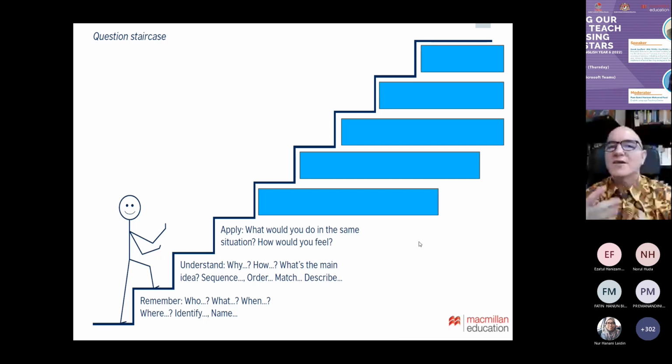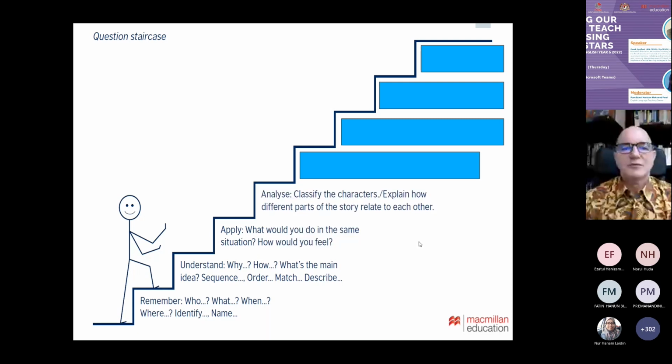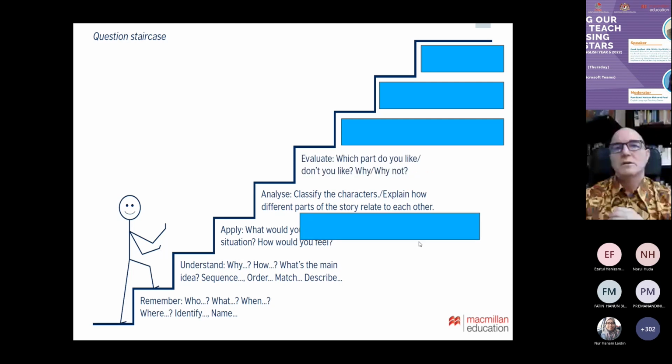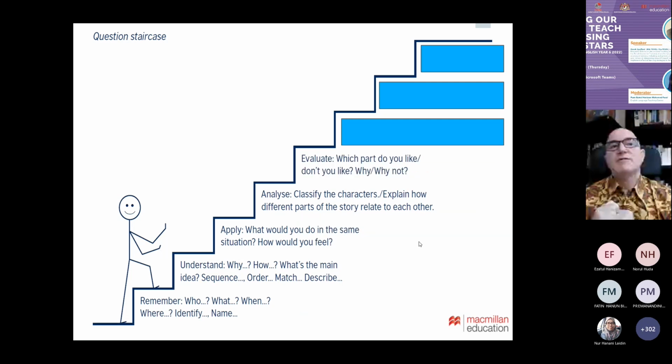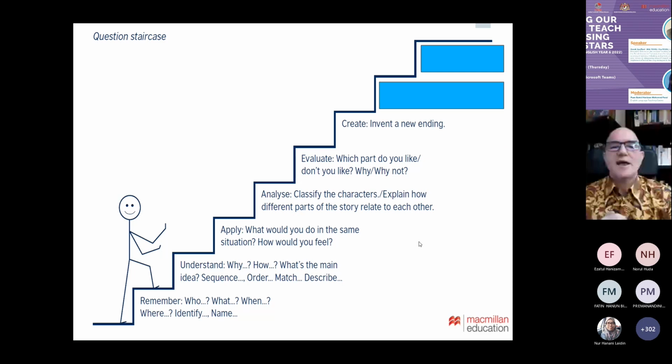So if you're thinking about asking students questions about a text, you can select an area of the staircase and come up with different ideas or tasks to build these skills. Analyze, you might get them to classify words. Evaluating, you might get them to say what they like, what they didn't like, and give you a reason why or why not. And then create, you might get them to think of a new ending.